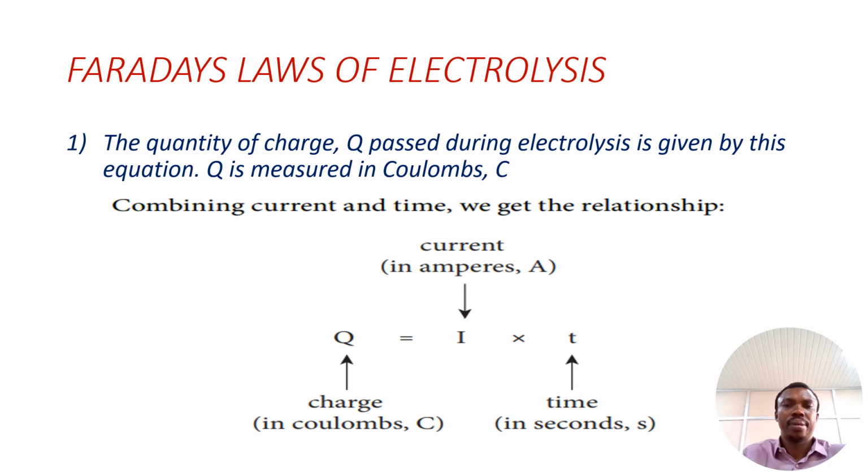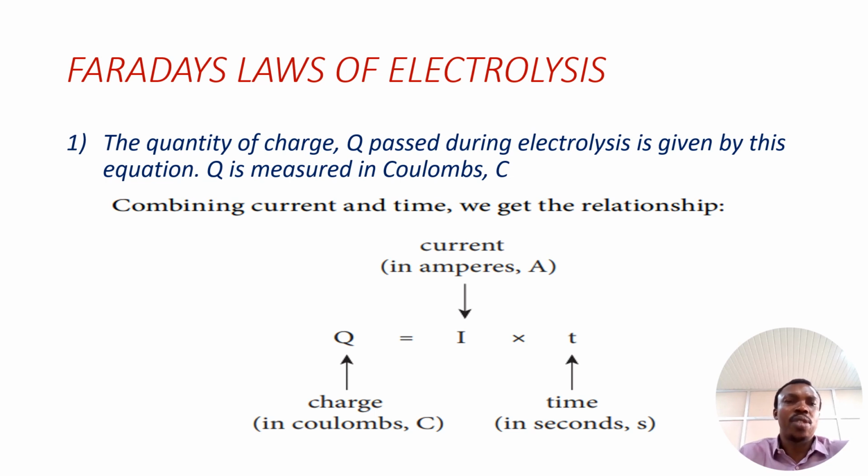Thank you. Now we'll talk about the quantity of charge. Q passed during electrolysis is given by the equation Q equals IT, where I is the current in amperes, T is the time in seconds, and Q is the charge in coulombs.